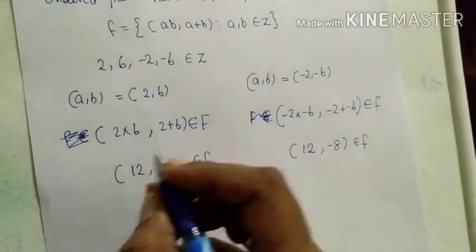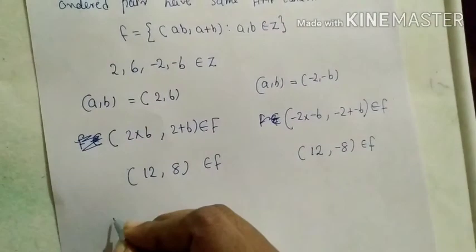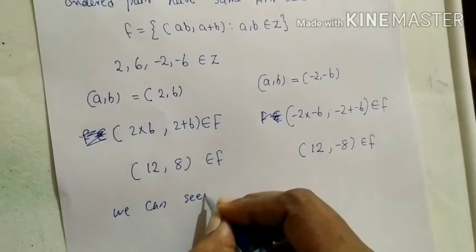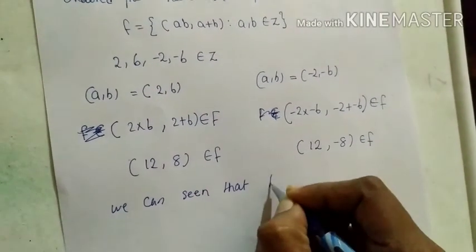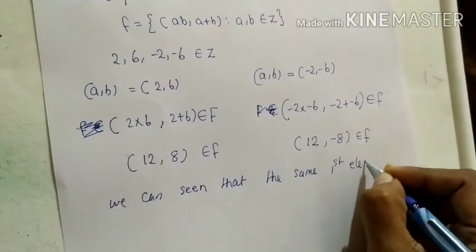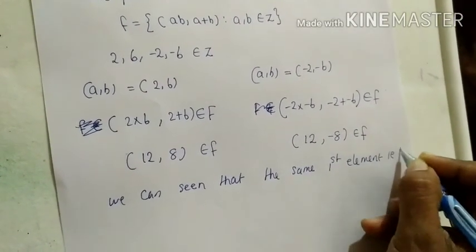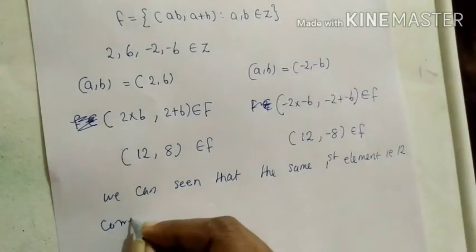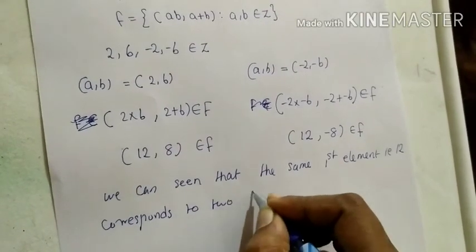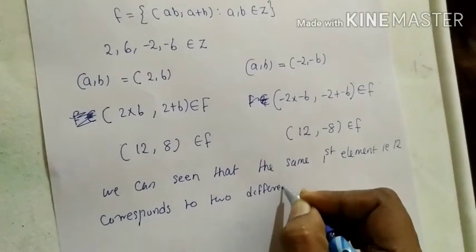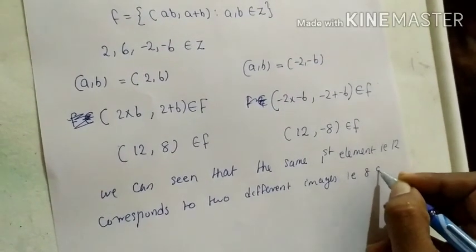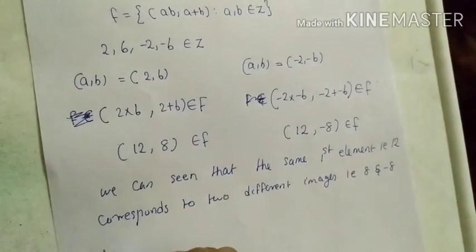Okay, so we can see that the same first element, that is 12, corresponds to two different images, that is 8 and minus 8.